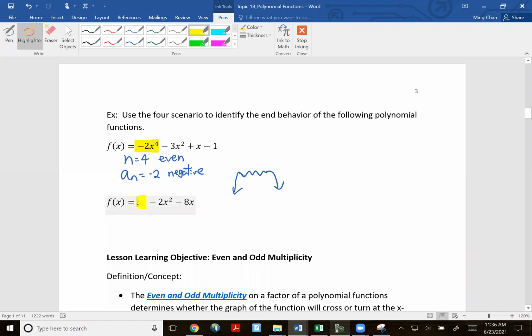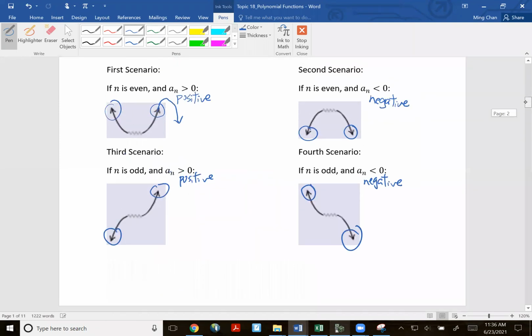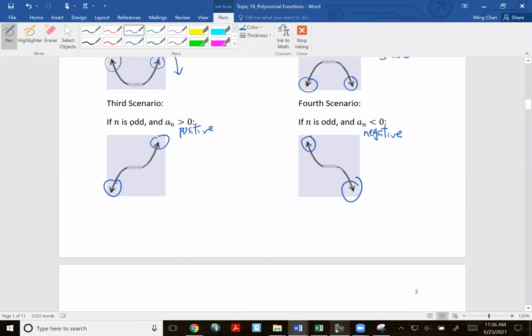All right, in this example, the degree is 3 and the leading coefficient is positive 1. So this has got to be this one. The degree is odd with a positive coefficient, so the right side goes up and the left side goes down.